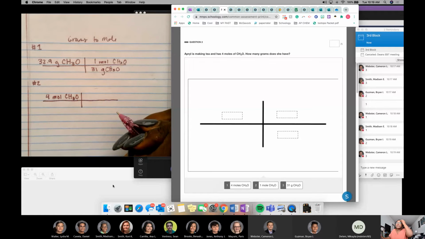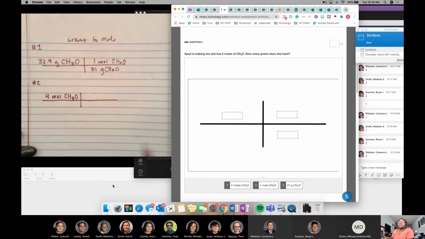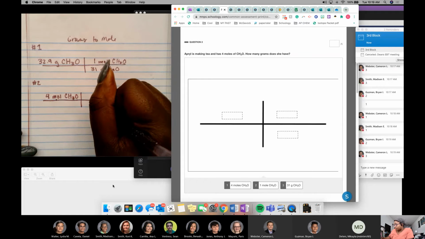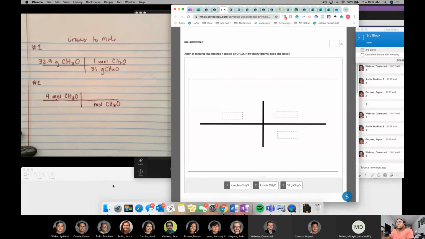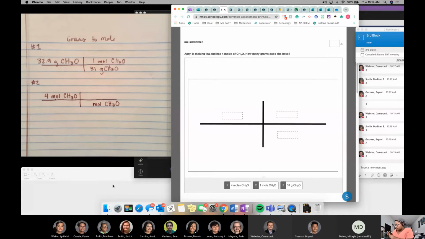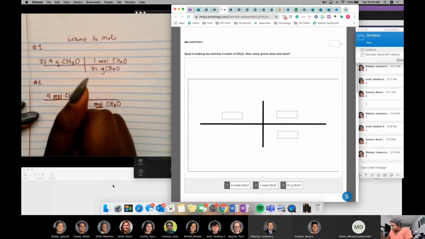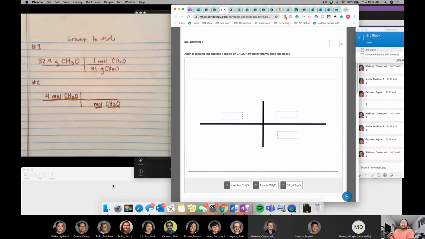Brian says 2, but Cameron says 3. Let's see who might be right. If I have to cancel out my units, I have moles up here, which means I have to have moles down here so that they can cancel out.